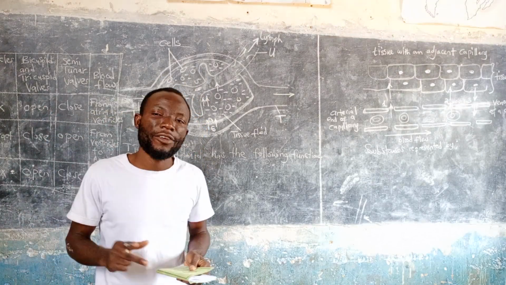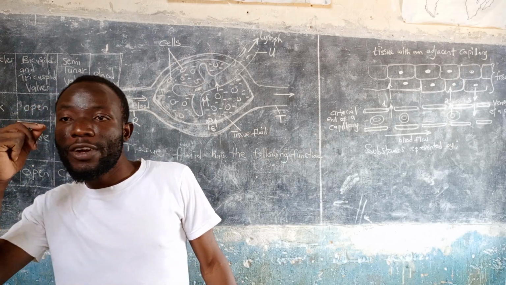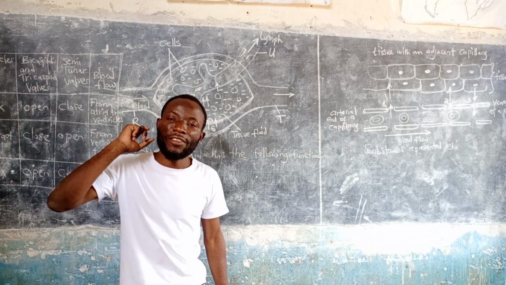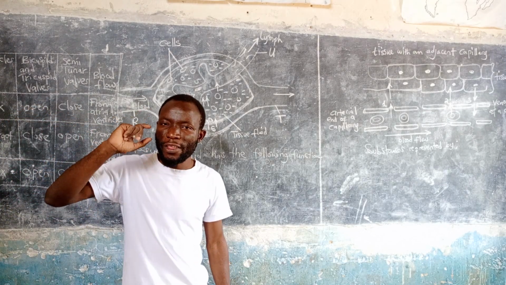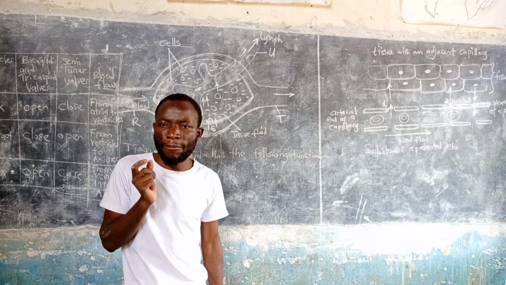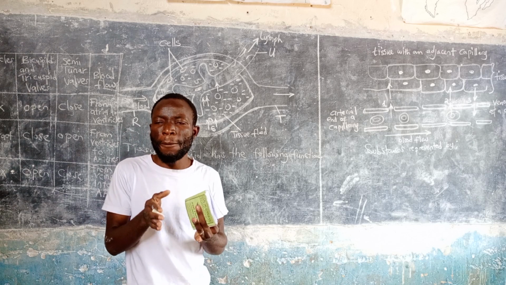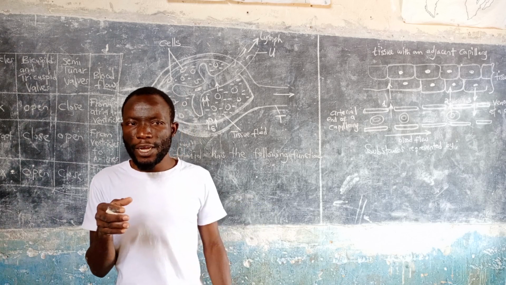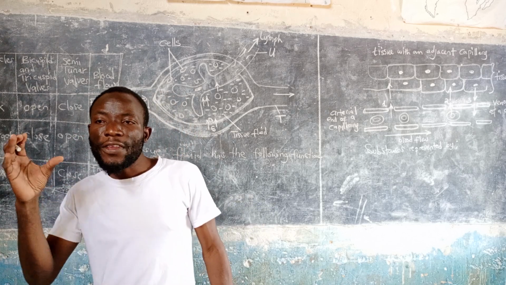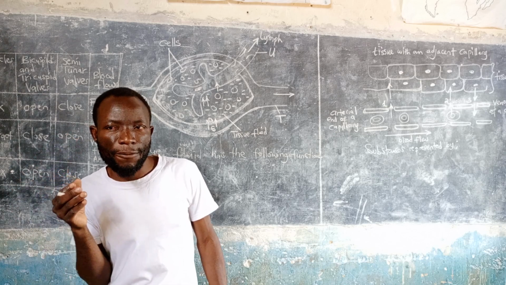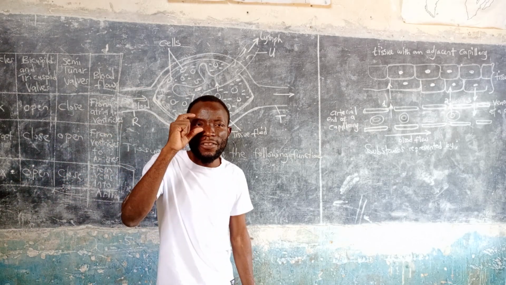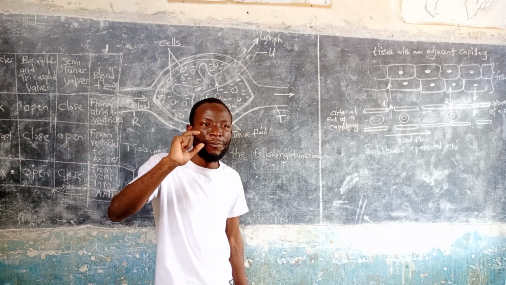Now, if you remember grade 10 work, just on the cells, after the cells, we talked about cell organization. After cell specialization, you remember those things, eh? Now, after that part, we talked about cell organization. Now, we are saying the cell is the basic unit of a living thing.